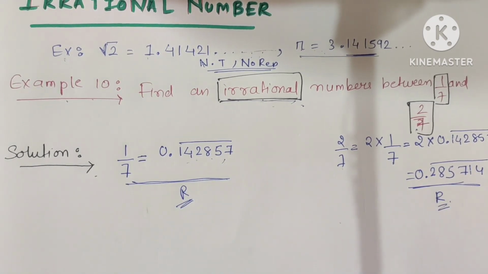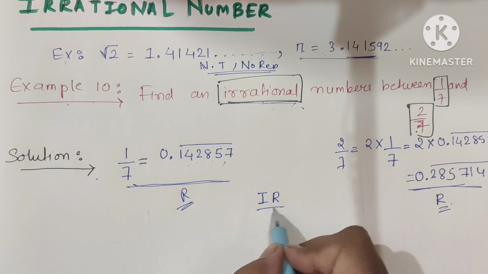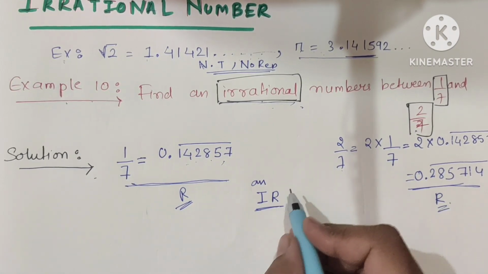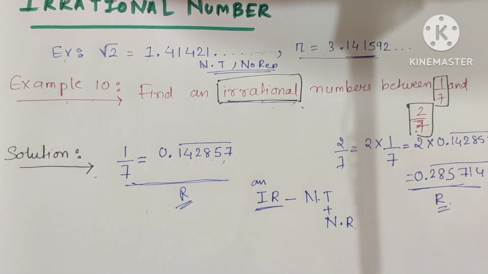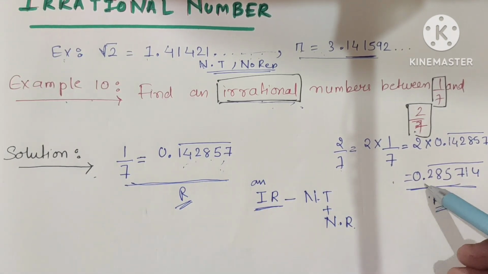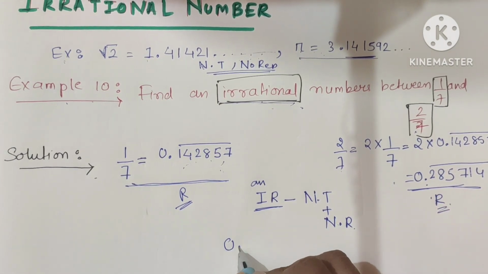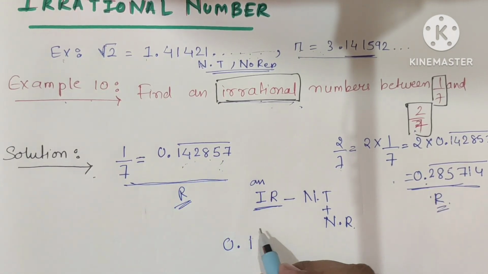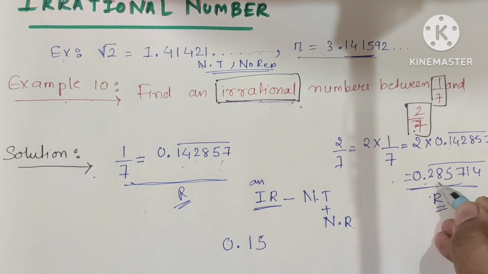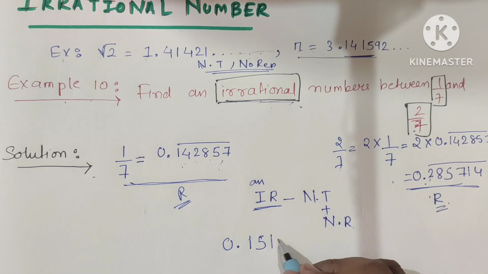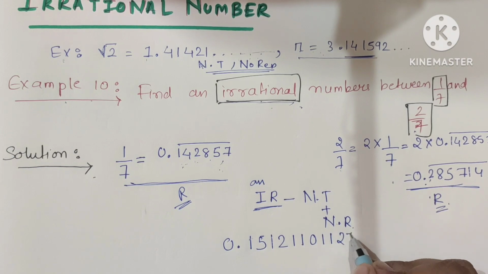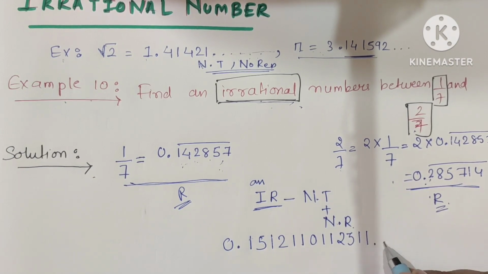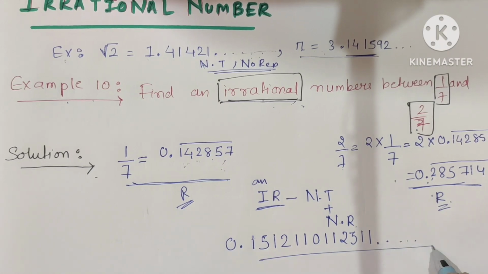Now what you have to find out is an irrational number. An irrational number is non-terminating plus non-repeating. So any number you can write between these two numbers. So it can be 0.15 followed by any digits, but it should be non-terminating and non-repeating.